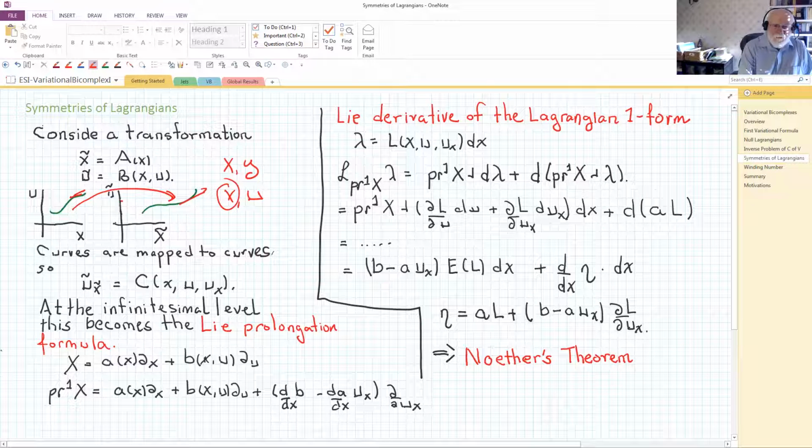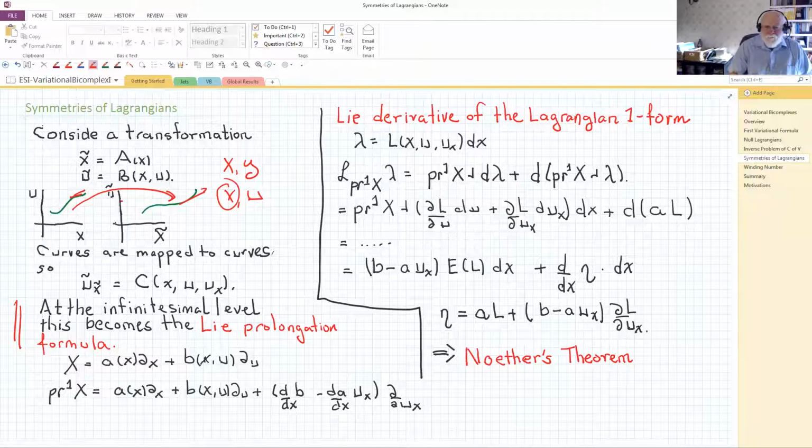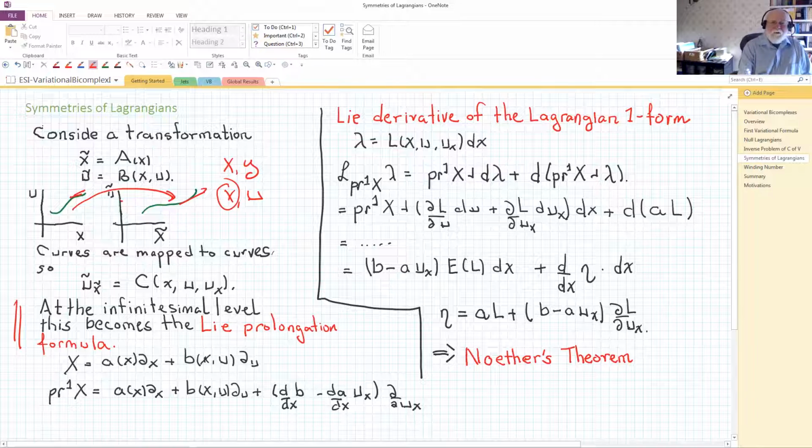At the infinitesimal level, so working with vector fields or infinitesimal transformations instead of actual finite transformations, this prolongation formula takes on a rather manageable form.